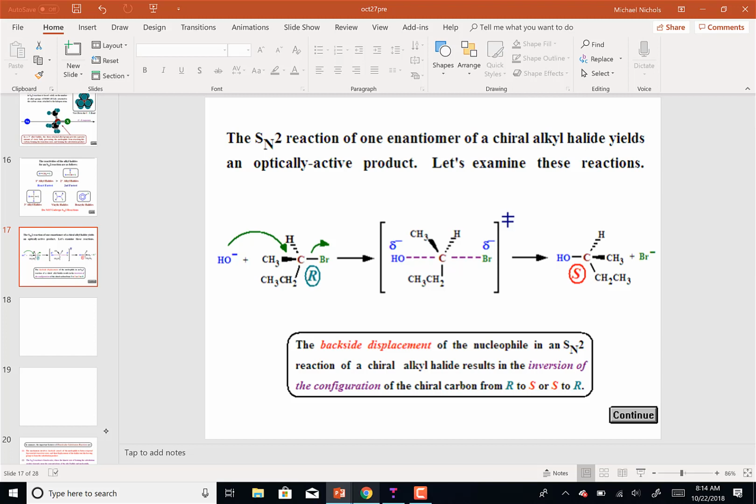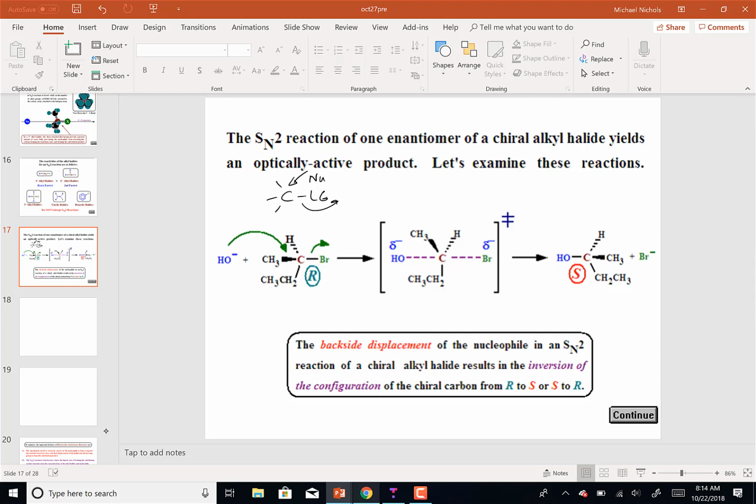And before we do that, the final piece of evidence is what happens if you take a chiral molecule, meaning one enantiomer of a molecule, and you do an SN2 reaction on it. Because some people originally questioned the idea that the nucleophile would attack from the backside, and they said, well, maybe it'll attack from the front side like that.